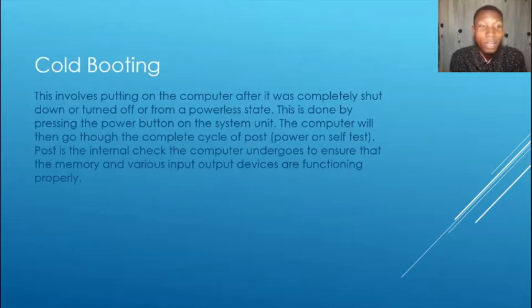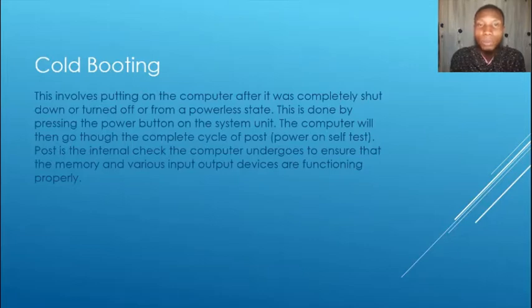It says the cold booting involves putting on the computer after it was completely shut down or turned off from a powerless state. That means when the computer was completely off, it was not on, you just brought up your computer and you want to make use of it, pressing the power button, that process it takes for the computer to come on, that particular booting is called a cold booting.